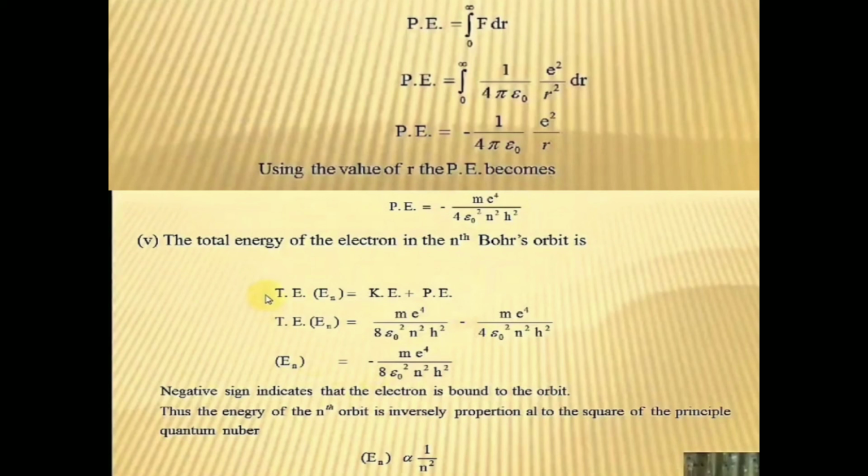So, from subtracting these two equations, we will get the total energy En equal to minus me^4 divided by 8 epsilon 0 square n square h square.